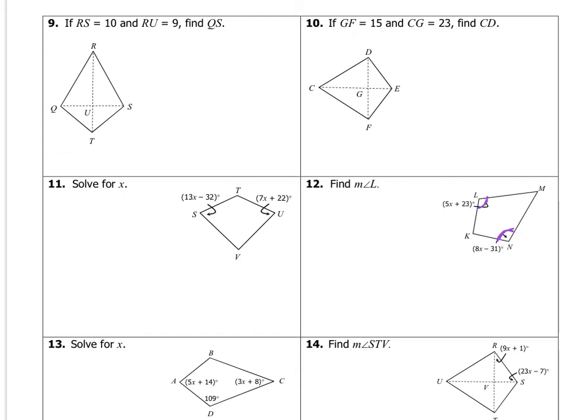Because it's sandwiched between a shorter side and a longer side. So then I can set this up because they're congruent. If I do that, x comes out to be 18. Once I have that, I can just plug it in. 5 times 18 plus 23. So it's 113 degrees. Okay?